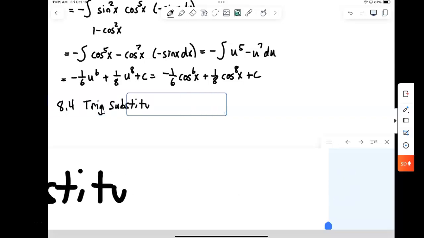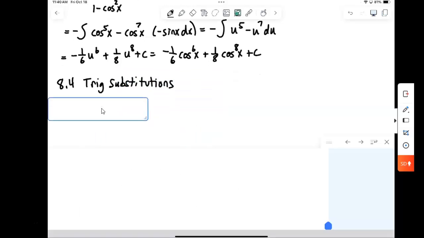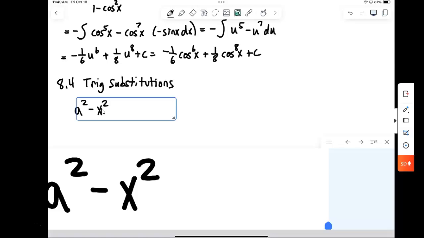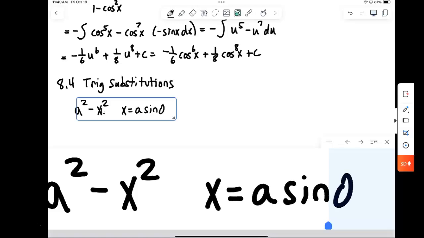Our trig substitutions. So remember, if it's a squared minus x squared, we use the substitution x equals a sine theta.